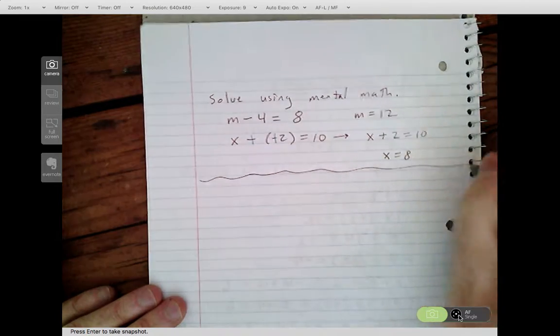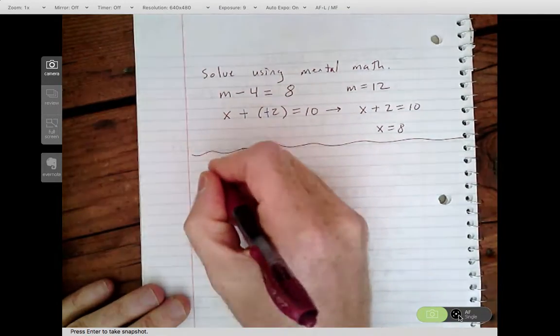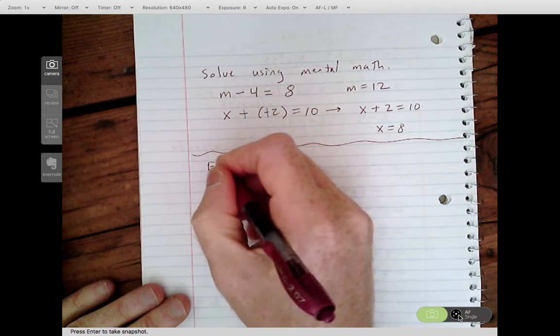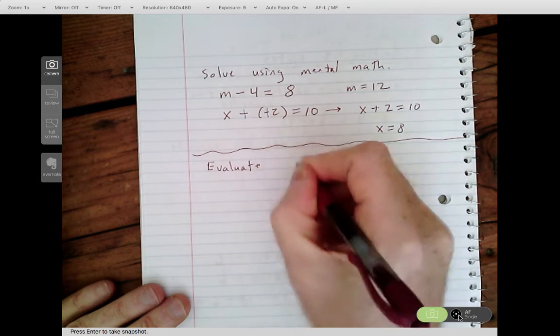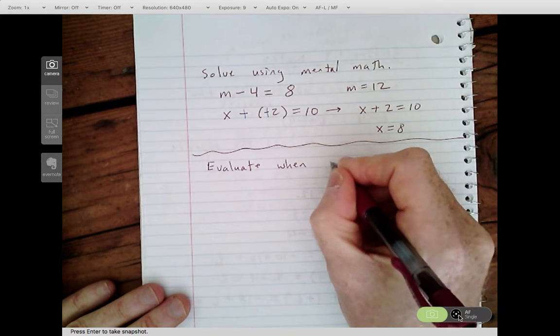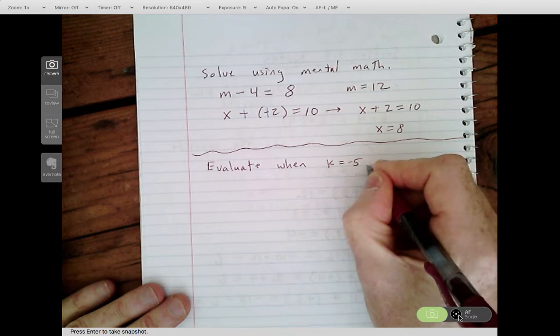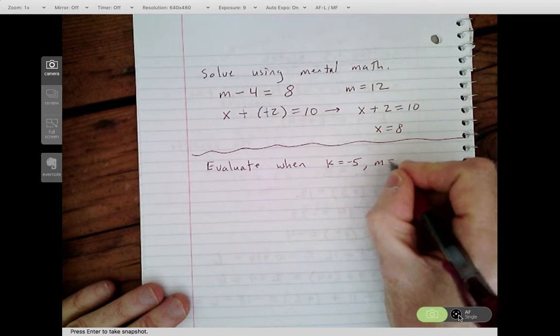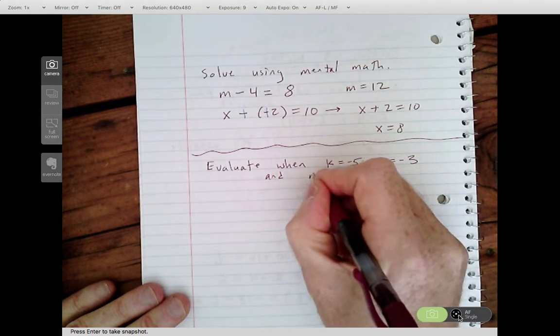Okay, here's the last little bit, and here we're going to have some more letters, some more variables, and we're going to be evaluating. These are called expressions. So let me just write this out here real quick. So we're going to evaluate when k is -5, m is -3, and n is 10.